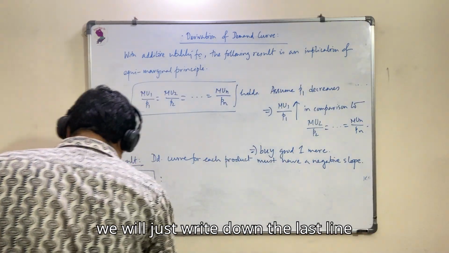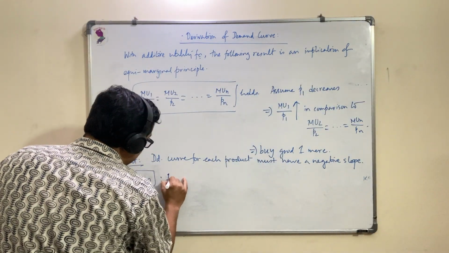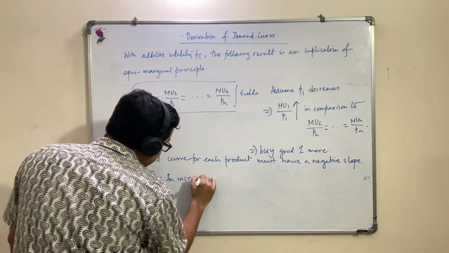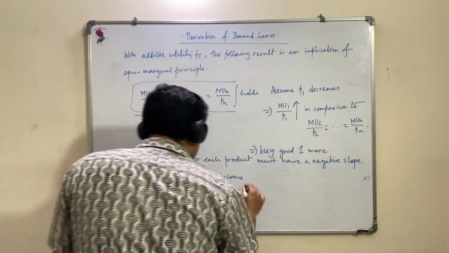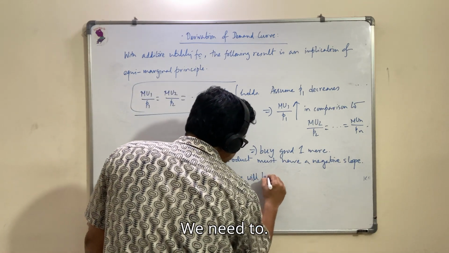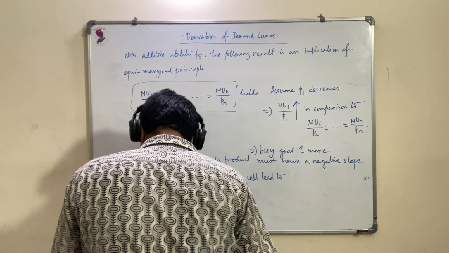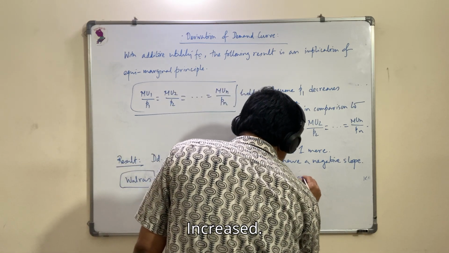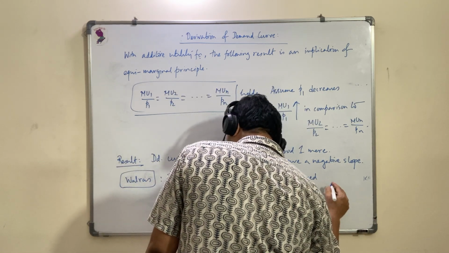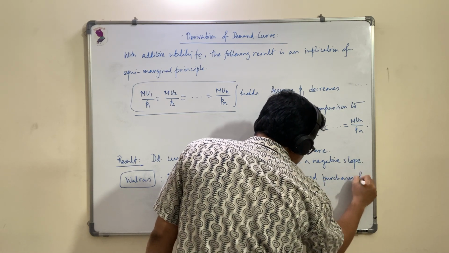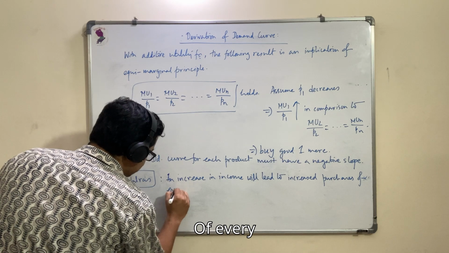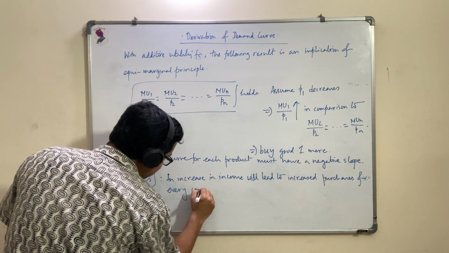So we'll just write down the last line. An increase in income will lead to increased purchases of every commodity.